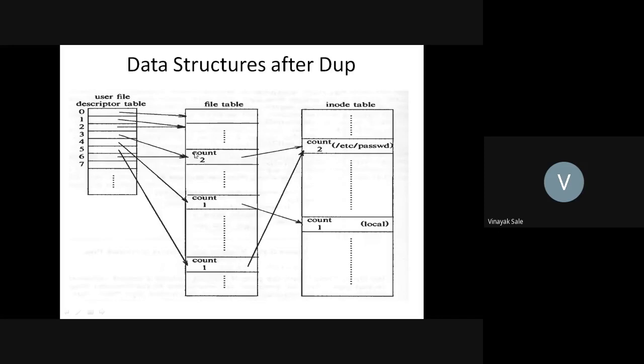So here count is 2, and for reading purpose and for writing purpose, so here count is 2 in the inode, one for reading purpose and the other for writing purpose.